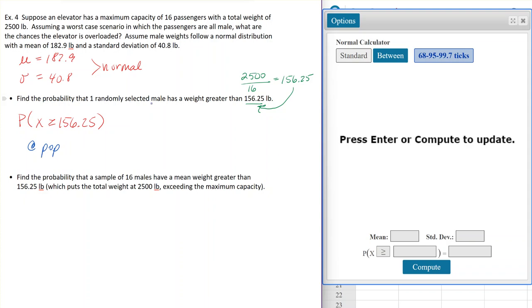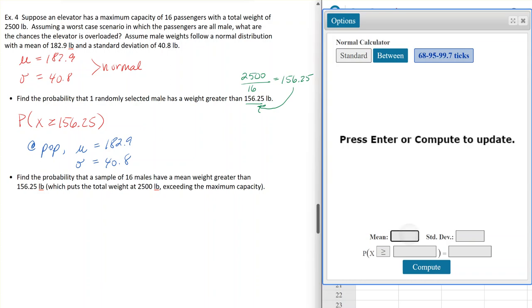So I'm assuming this is a question about randomly selecting one man out of the population who weighs more than 156.25. That means I'm going to use the normal calculator, with the population mean of 182.9 as well as the standard deviation of 40.8.